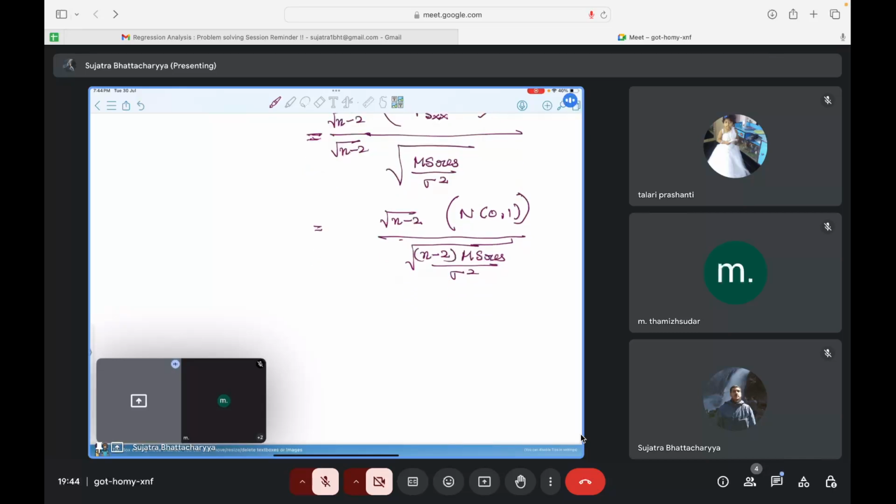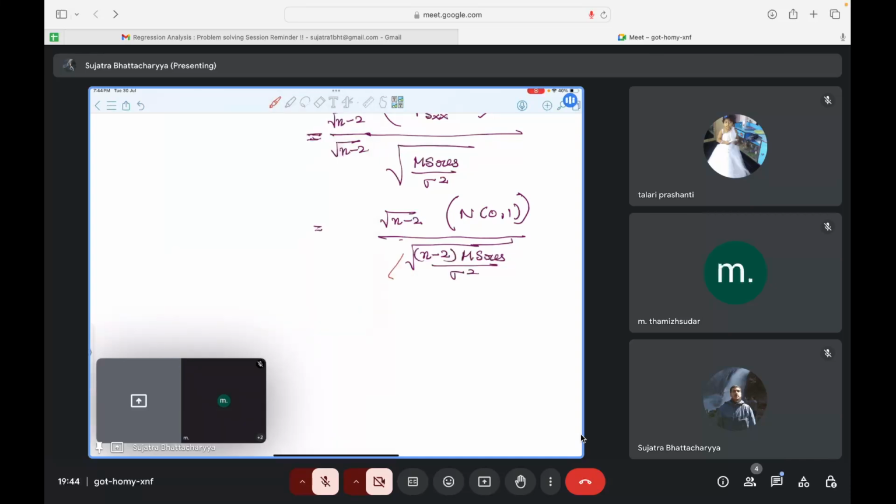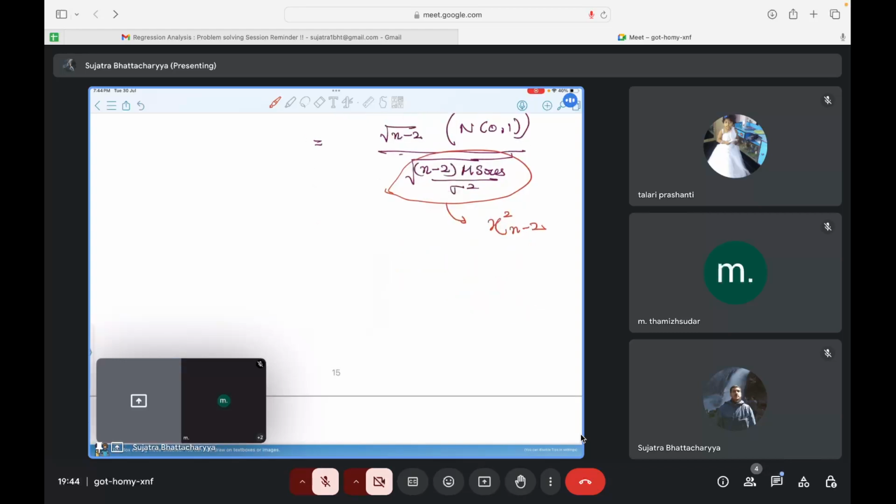Okay, this is what you get. Now the denominator, MS residual by sigma square, is actually equal to chi square n minus 2 distribution. So this you can see in the lecture notes also. This is actually chi square n minus 2.